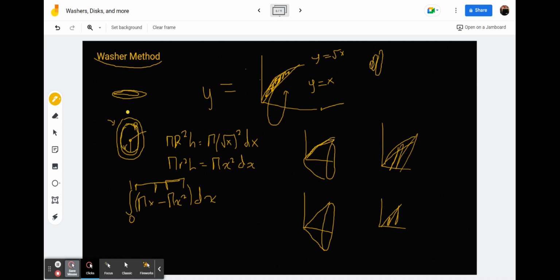If we subtract the area of the smaller disk from the bigger disk, we're left with the area of a ring, which we multiply by the width dx, getting a very small washer. So if I rotated this shape around the x-axis, and we used our rings method, you'd be left with something like this. You add all your washers together, and you get the volume of this, rotated around the x-axis.